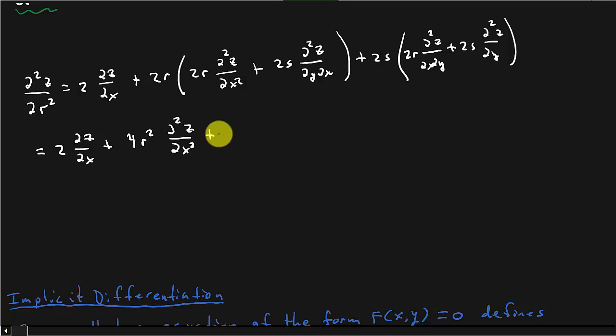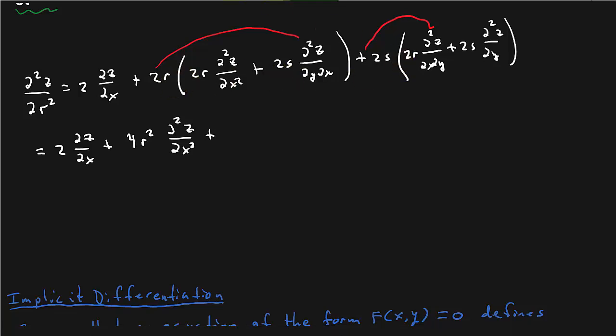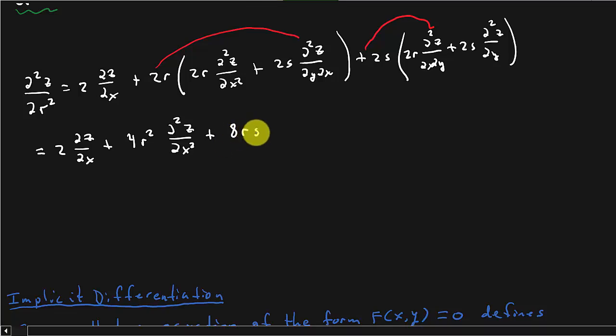plus, all right, now look at this. I'm going to save a step here. When I distribute that and I distribute that, I get what? 4rs. 4rs. So 4rs plus 4rs is 8rs times the second partial of z with respect to x and then with respect to y.